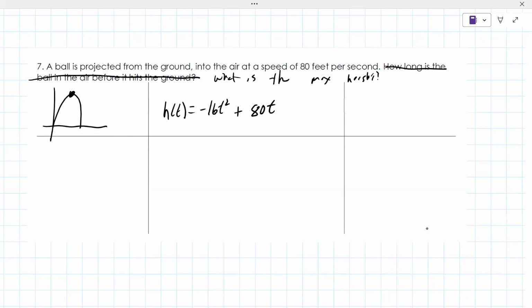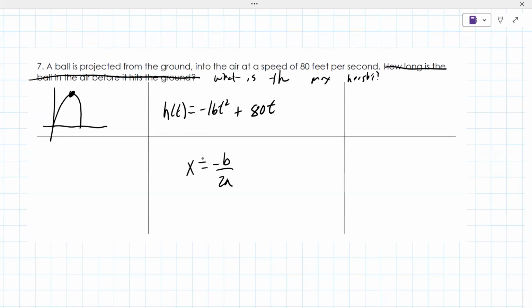If you take physics, and you will in college for sure, you will see these equations again. They don't always give you all the numbers. To find the max height, you need to get it into vertex form and then take the h and k from there. Well, I would actually use x equals minus b over 2a for the vertex, then plug that back in for t.